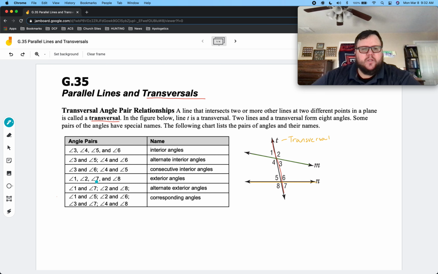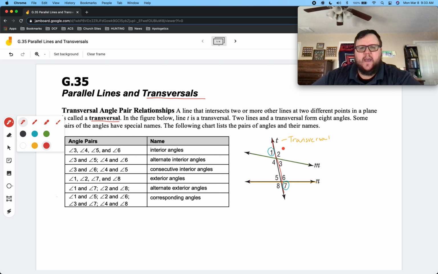Angle 1, angle 2, angle 7, and angle 8 are all exterior angles. So 1 and 2, 7 and 8. These are all exterior because they're on the outside of lines M and N. So that leaves us angle 1 and angle 7. They have a relationship.